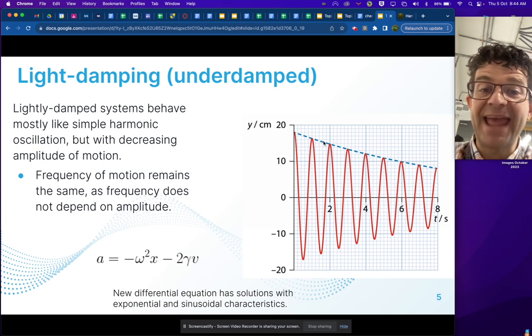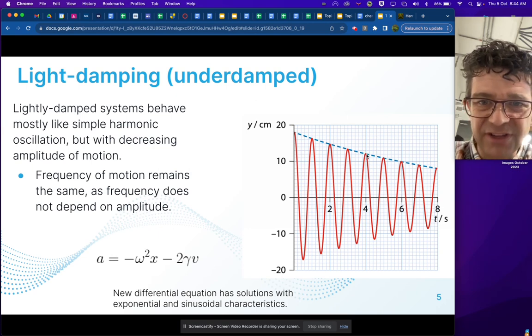We could choose any two neighboring peaks in this graph. I'll choose 4 seconds and 5 seconds because I think I can read the numbers as 12, and this is 11, off of the graph at 4 seconds and 5 seconds.